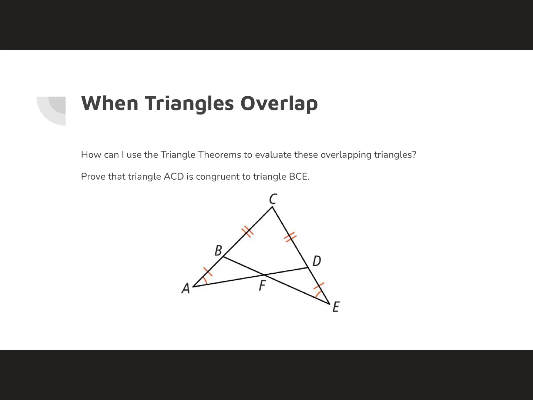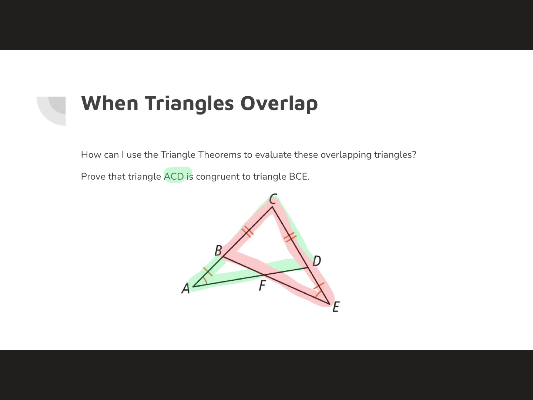So how can I use the triangle theorems to evaluate these overlapping triangles? We're trying to prove that triangle ACD, this triangle, is congruent to triangle BCE. So we're trying to prove that those two triangles are congruent. Okay, so what do I know about them?